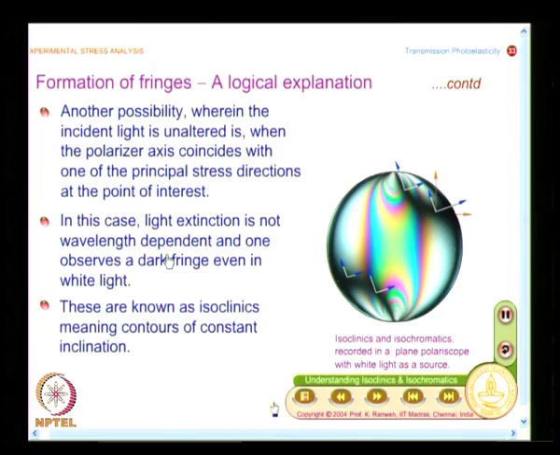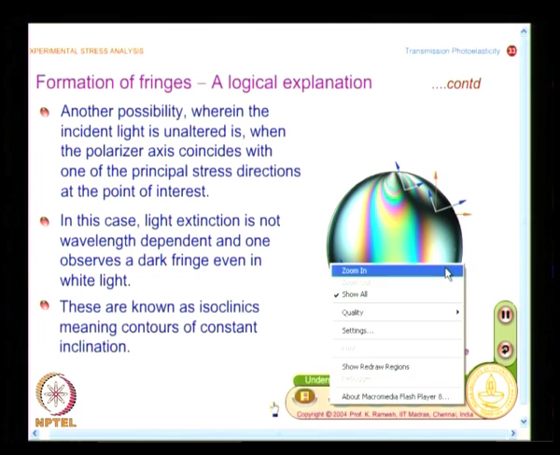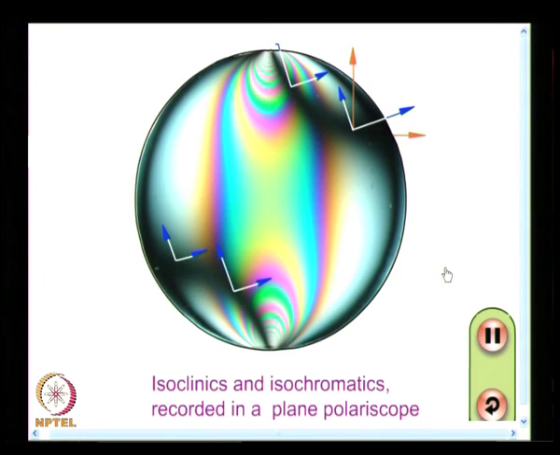So, whatever light comes out of the model is completely cut off, and these are known as isoclinics, meaning contours of constant inclination, and it will take some time for you to appreciate what these contours are. I think the picture is reasonably clear. Do you want me to enlarge it? I can also replay.